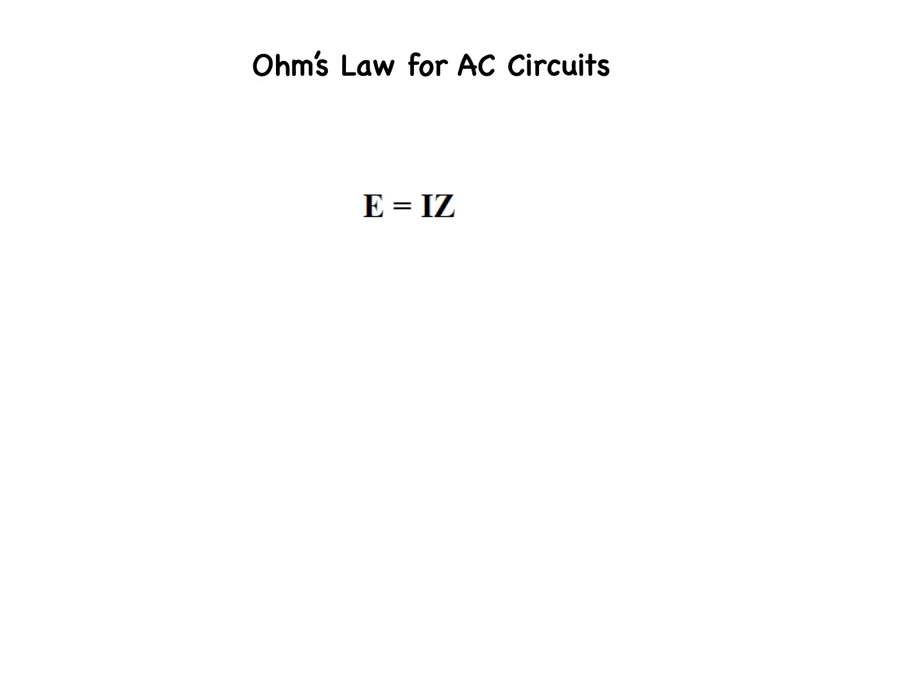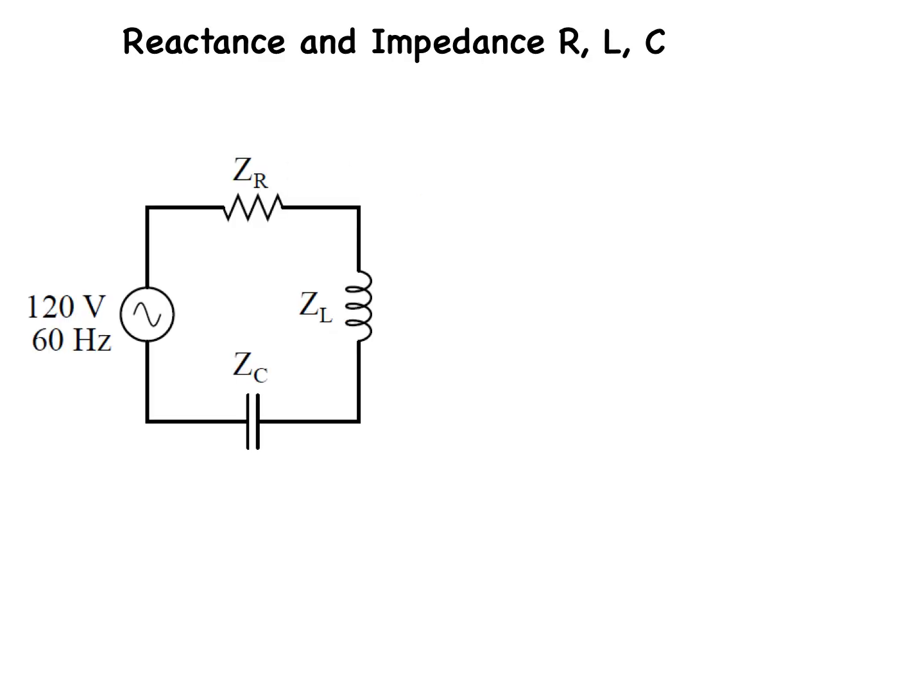So E is equal to IZ, or I is equal to E over Z, or Z is equal to E over I. It's the same equation for Ohm's law for a DC circuit, only this time we're using AC quantities and we're using reactances and impedances. What you do have to remember is that all quantities are phasors, and they have to be used with the rules regarding vector analysis.